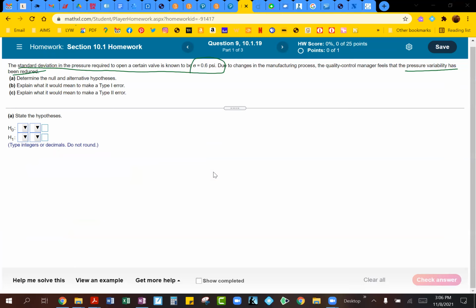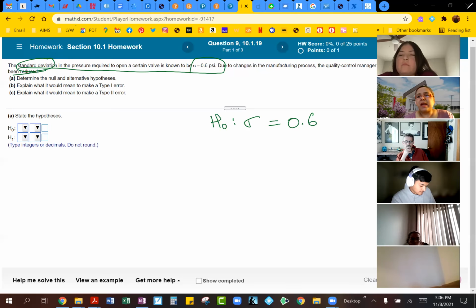So when you're working through your hypothesis testing, I'm going to write this out. You are talking about standard deviation, so that's going to be our variable. And we're saying it is known to be 0.6, so that's your first characteristic: our standard deviation should be right at 0.6.